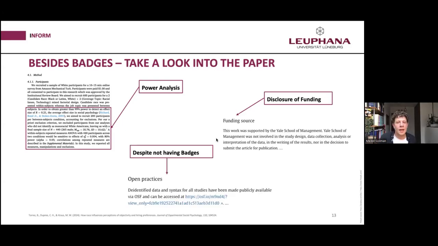And lastly, despite not having any badges, there still might be headlines in the paper about open practices where they are openly sharing their data, their syntax, or their code for analysis. So it's very important that students not only know about the badges, but also learn how to look into the paper and decide whether it adheres to open science principles.